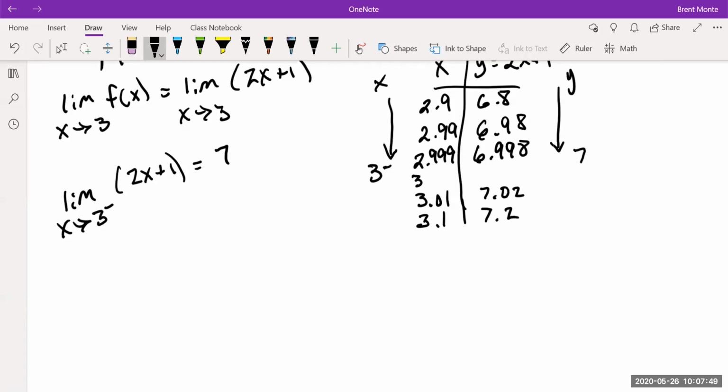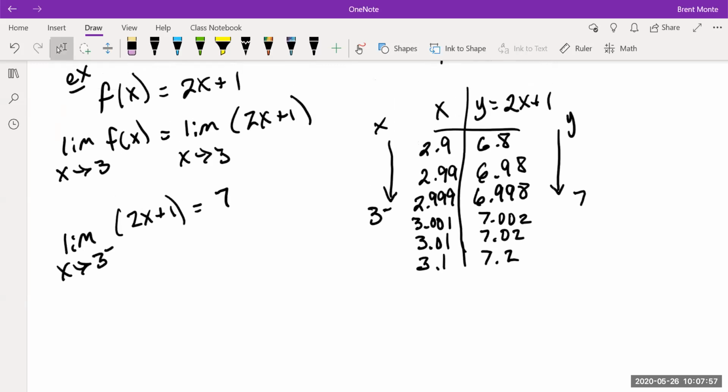And then if I do 3.001, that's 7.002. And again, I'm just plugging them into the formula, y equals 2x plus 1, whatever my x value is. But notice this way, now x is approaching 3, but it's above 3, so this is approaching 3 from the right, so we just write it that way.